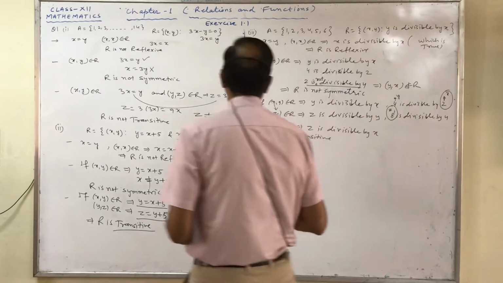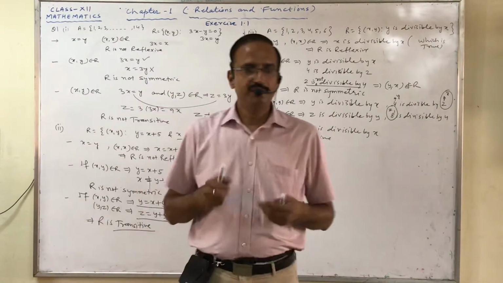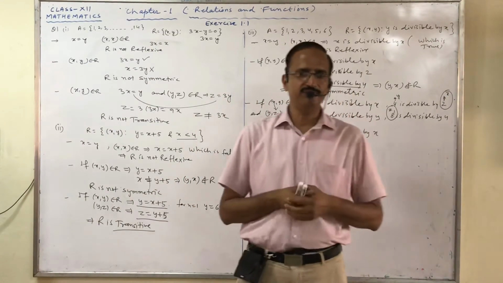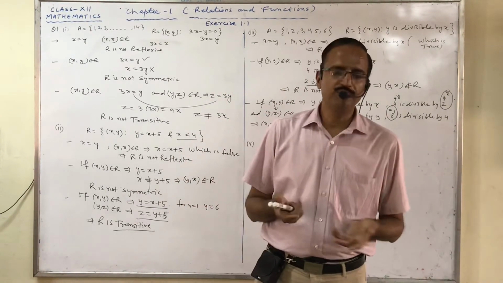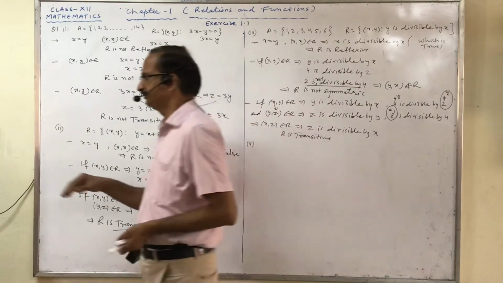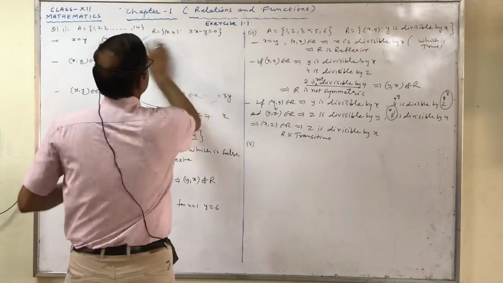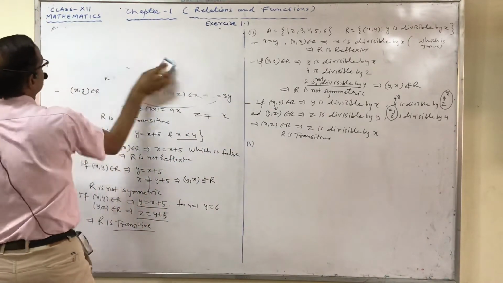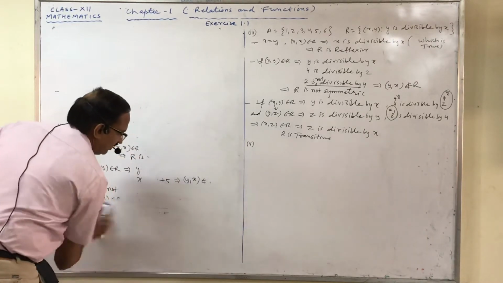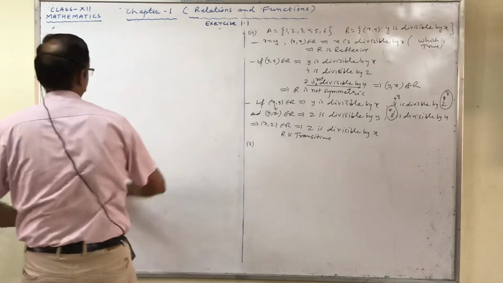Now come to the fifth part. In fifth part, we have some relations related to human beings. So R is a relation on the set A of human beings in a town at a particular time, given by. I am taking some parts of fifth part of question number 1.